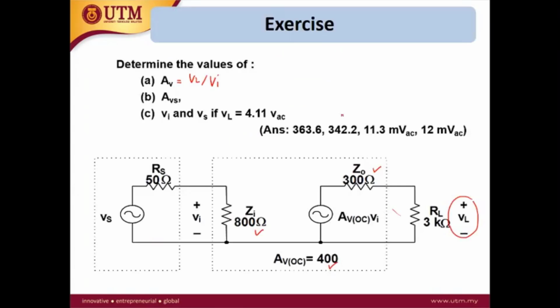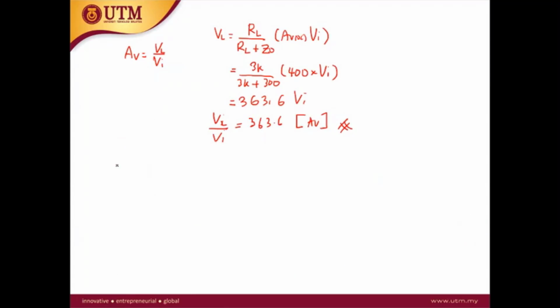This is the first answer. Next is AVS, which is defined by VL over Vs. Here you can start with the VL equation, but another way is to redefine VL over Vs as VL over Vi times Vi over Vs. You know VL over Vi is AV.